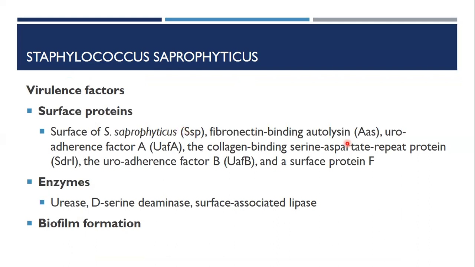So we have your SSP, AS, UAFA, SDRI, and UAFB, and surface protein F. Now, very pertinent among these surface proteins or virulence factors is that it is able to adhere to the urogenital epithelium. Meaning, once it adheres there, it is now capable of producing biofilm.